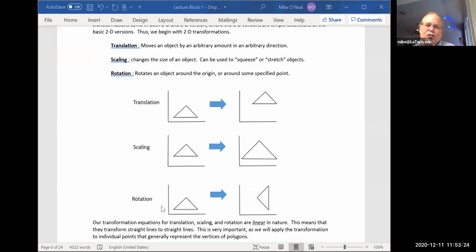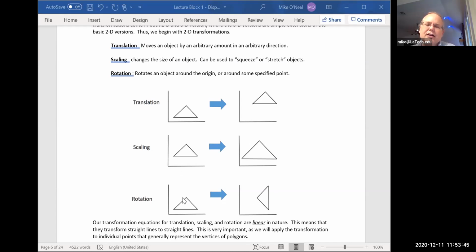There's also rotation. Rotation is when you take an object and you rotate it. So like I took this object and I rotated it 90 degrees counterclockwise. So this is the same object, it's just been rotated 90 degrees counterclockwise.